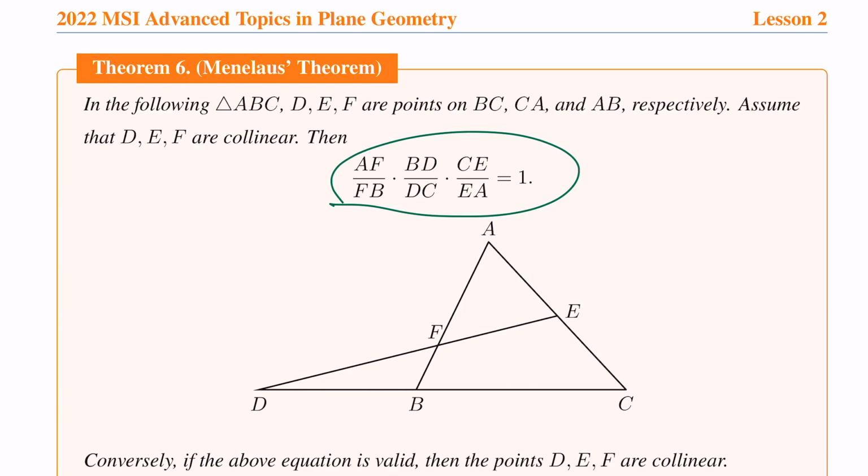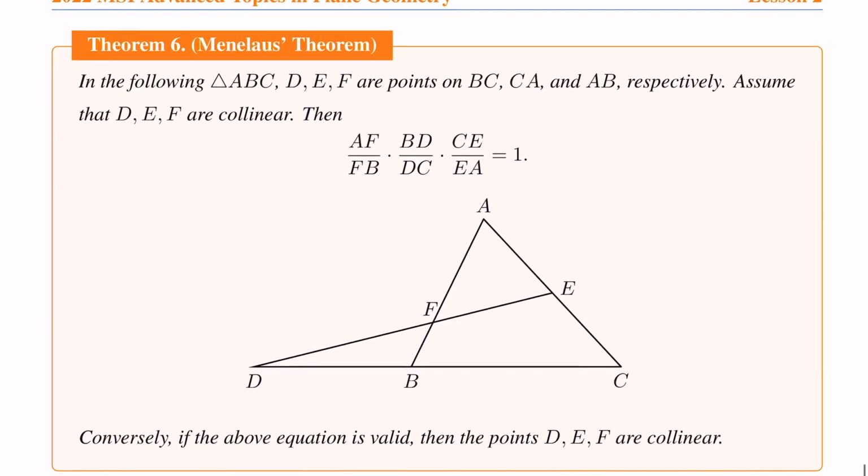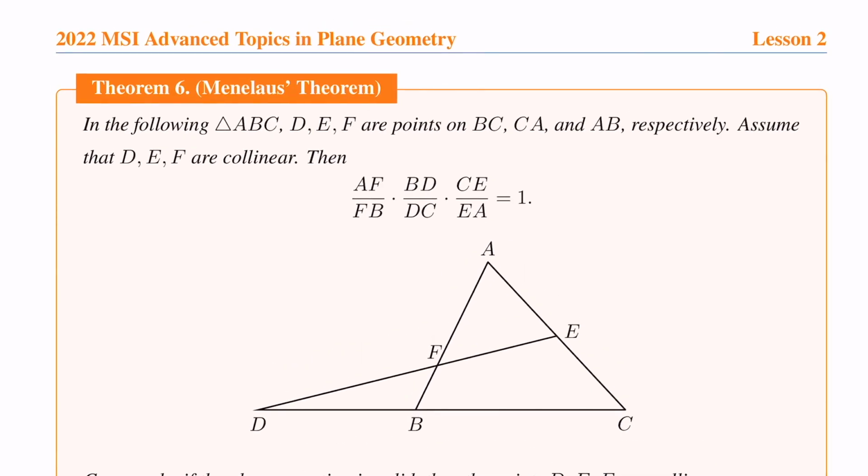So let's first compute E. E is a point on the line AC, and the related ratio would be CE by EA. For the sake of simplicity, let me do the following. I will say these angles are alpha, beta, gamma. These are the fixed angles.